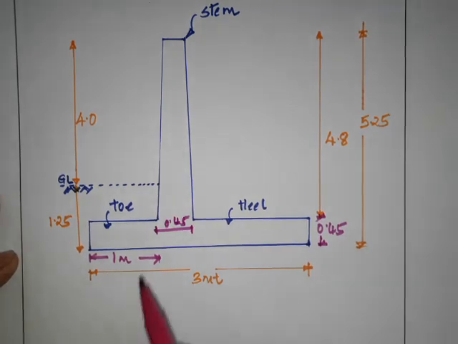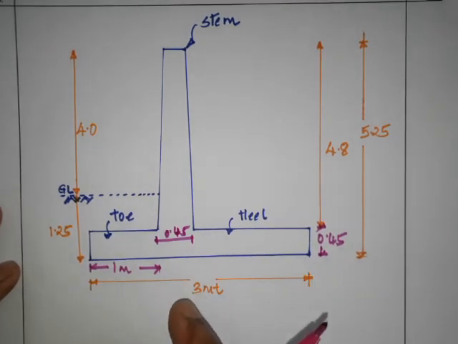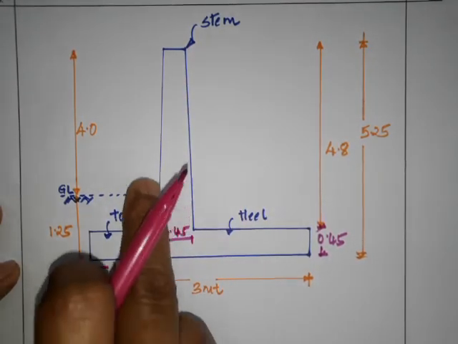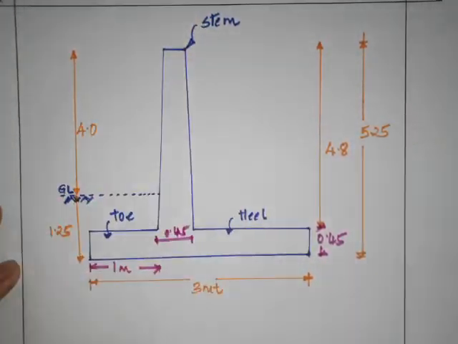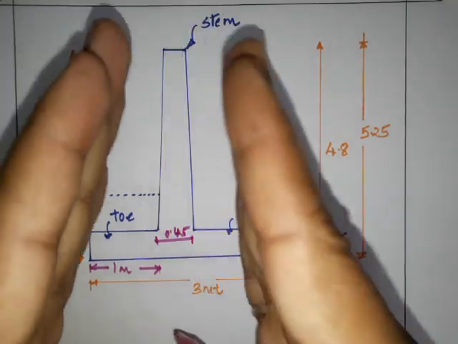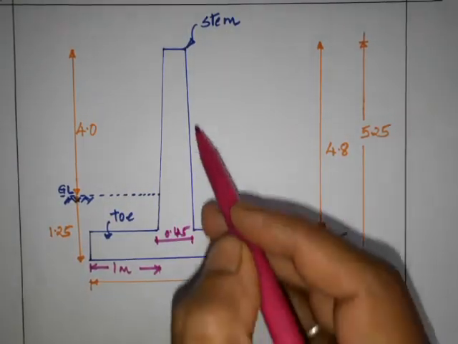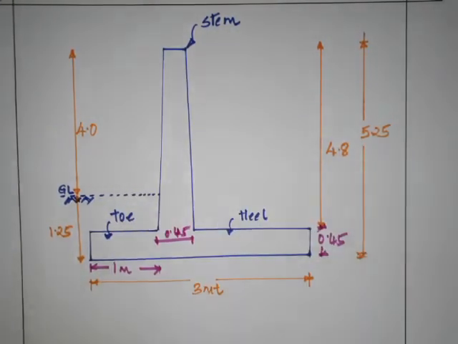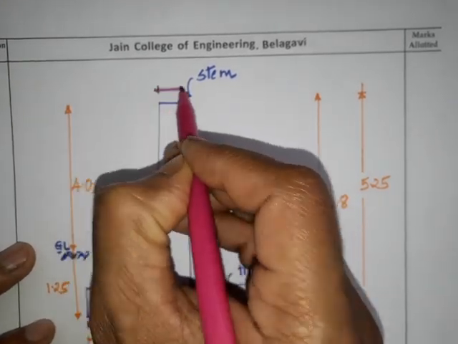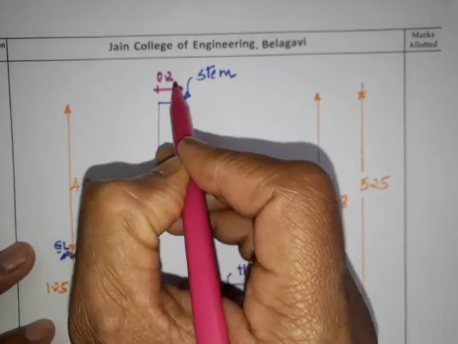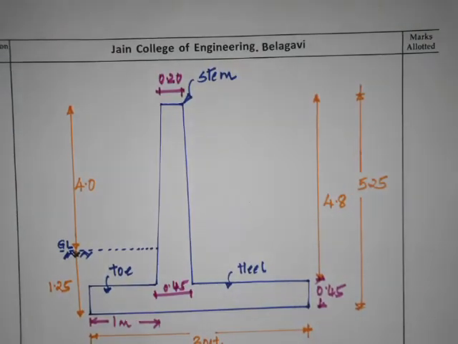0.45, correct? It will be 0.45, and tapering: one side will be straight, and the other side you have to make it taper. Okay, it should be straight on one side and tapered on the other. So tapering to this is 0.2, tapering to 200 mm means 0.2.